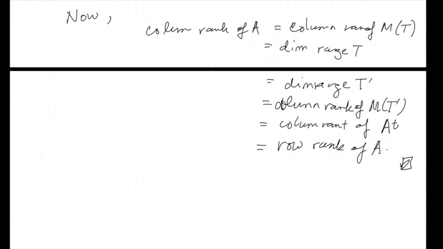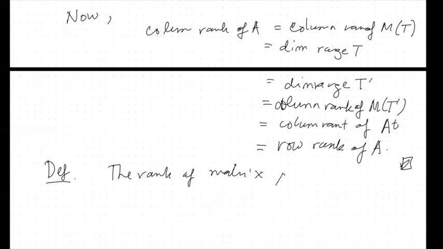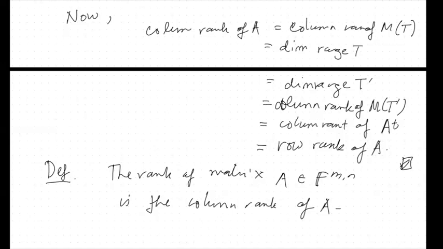Because we know that the column rank and the row rank are the same, we define the rank of a matrix A in F^(m,n), the set of matrices with m rows and n columns, as just the column rank of our matrix A, as we have stated earlier.